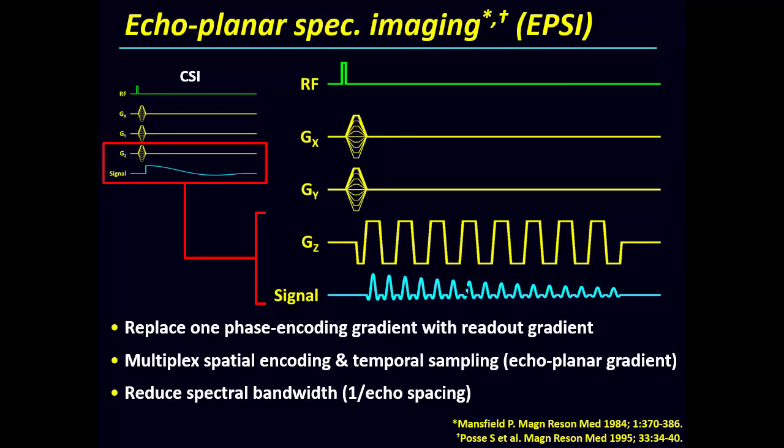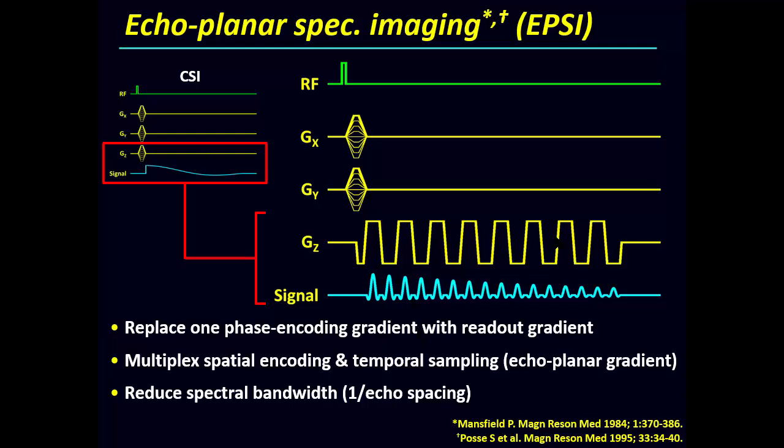One straightforward thing we can do, borrowing from the work in proton MRI, is to use what's called echo-planar spectroscopic imaging, first introduced quite a few years ago by Mansfield, and it's been used a lot for proton spectroscopic imaging. So the idea is we take one of these phase encoding gradients, and instead of sampling after the gradients, we sample with the readout gradient on. That gives us our spatial encoding in place of this gradient.